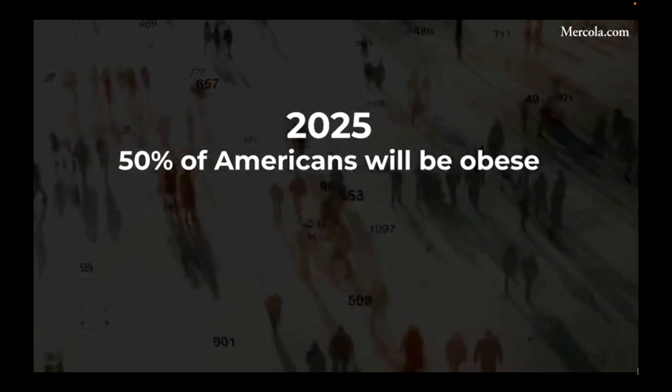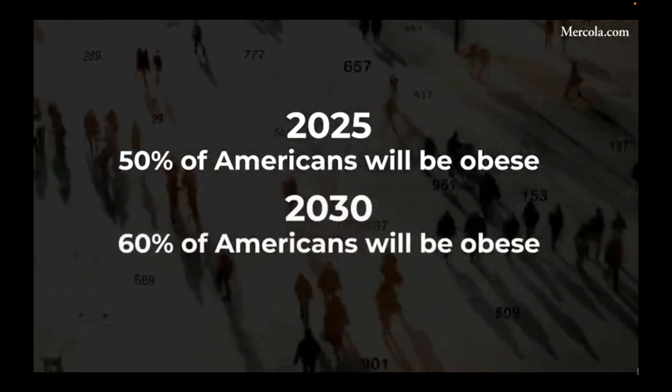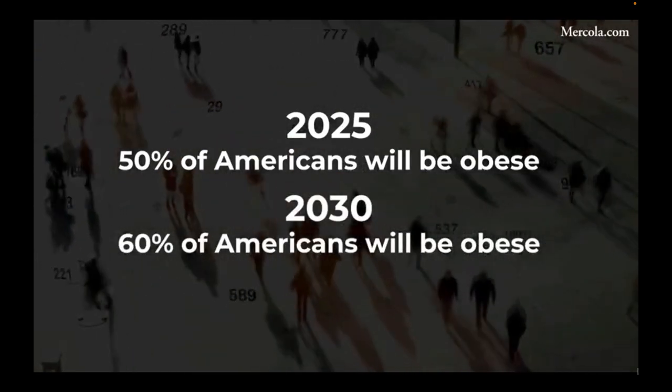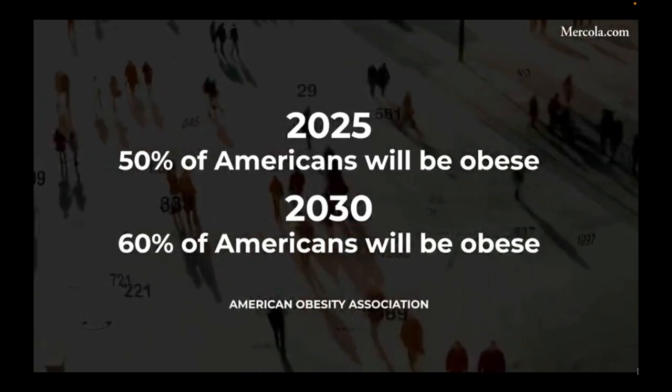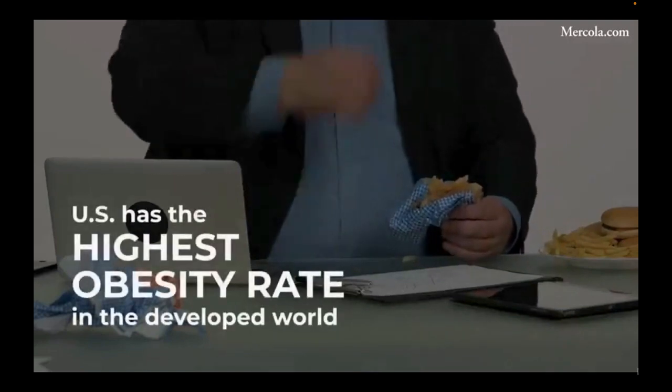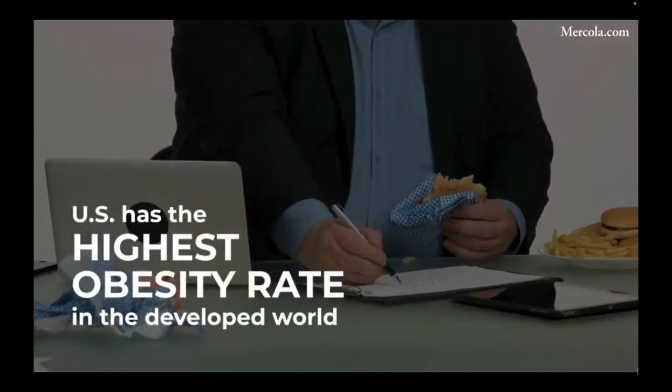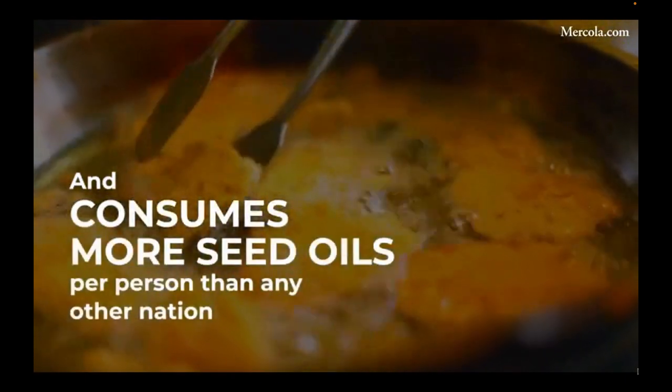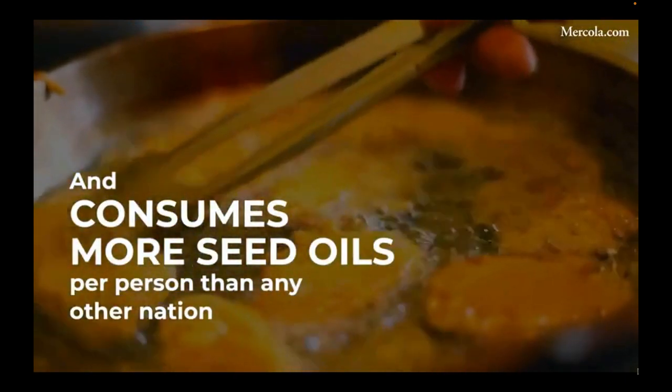And they predict that by the end of the decade, 2030, 60% of us will be obese, not just overweight, but obese. It is also interesting that the U.S. has the highest obesity rate in the developed world and consumes more seed oils per person than any other nation.